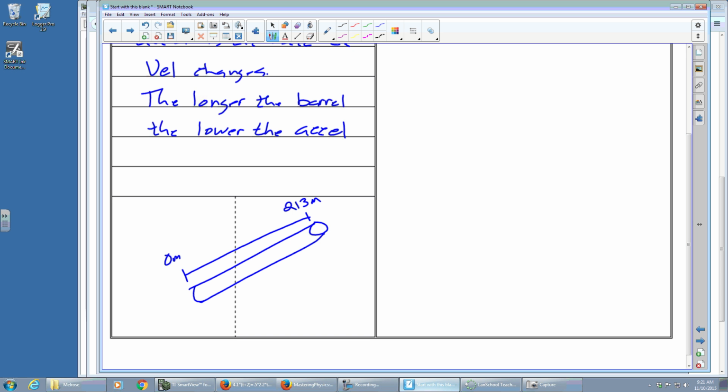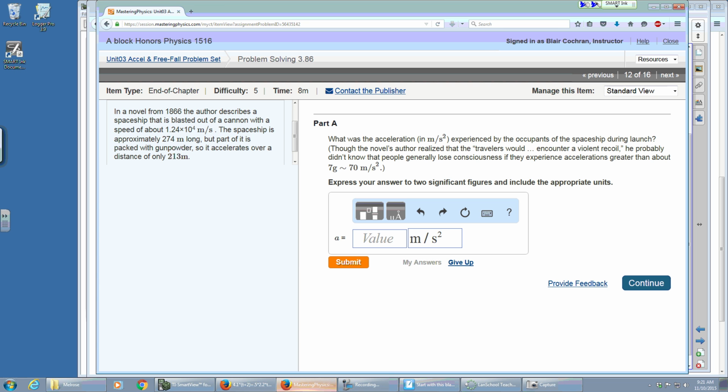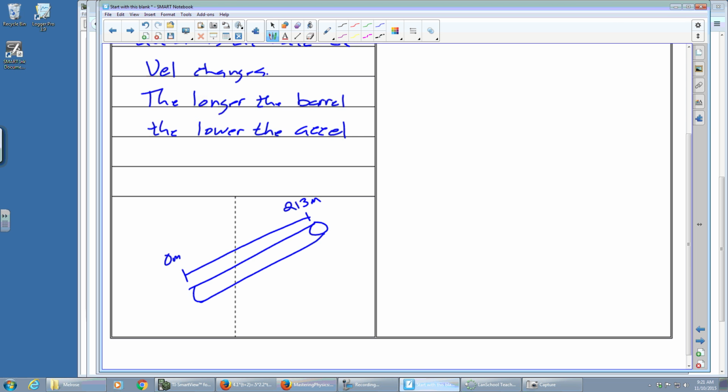Oh, we know its initial velocity. I bet your initial velocity is not.